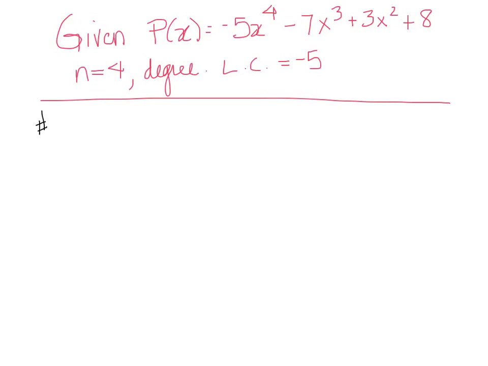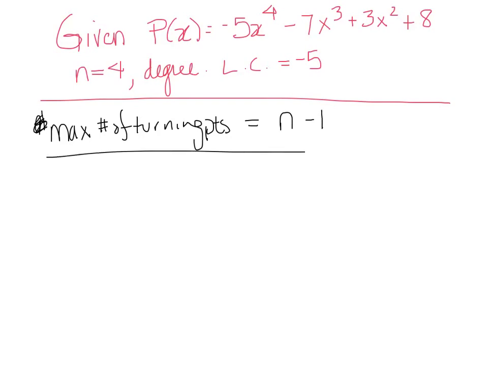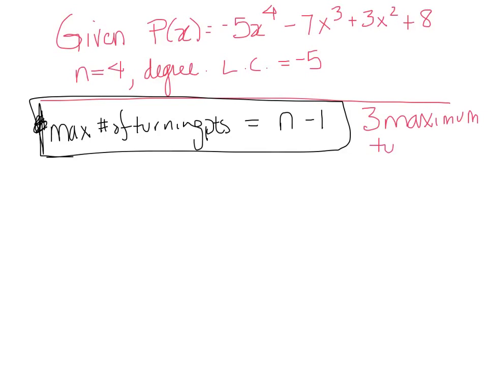The maximum number of turning points is always equal to the degree of the polynomial minus 1. So there's a rule that you need to remember. In the case of this problem, I have 3 maximum turning points. After a while of doing this, it won't be hard to remember.